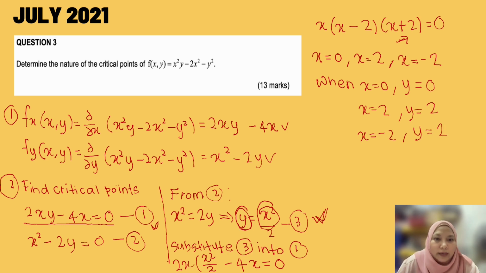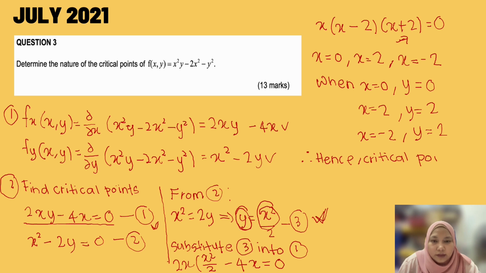Alright, so from here, please write back your critical points in brackets. Put some conclusions here to show the critical points that you got.